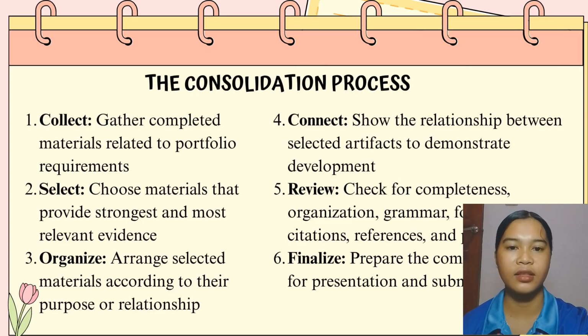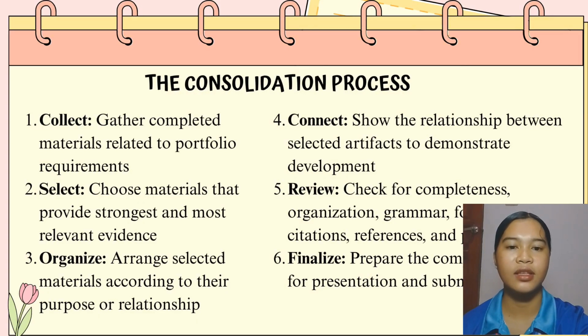Once we have selected our artifacts, we arrange them chronologically, by topic, by competency, or according to the requirements of the portfolio. Next, we have connect. This is a very important part of the consolidation. We need to show the relationship between our selected artifacts. Next, we have review. Before finalizing the portfolio, we need to check everything.